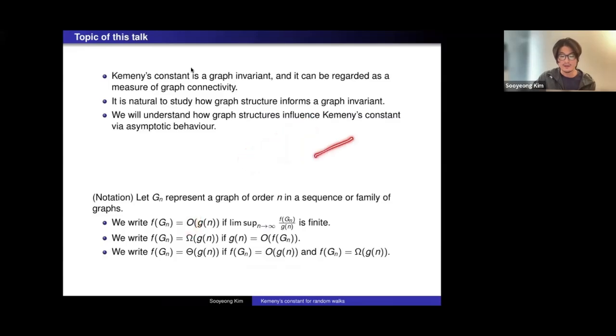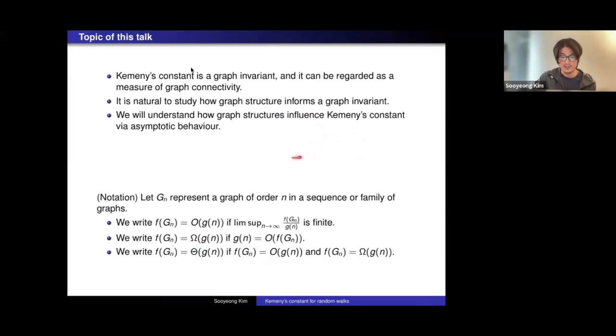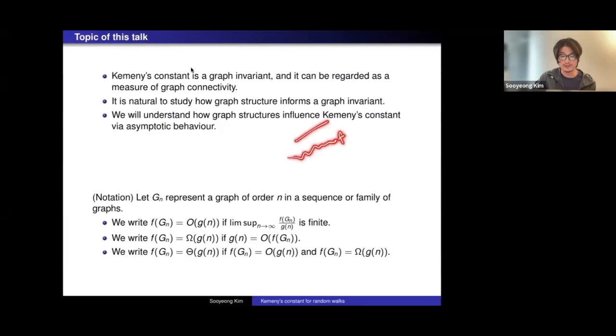If your f is bounded below by function g, then this is big omega notation. And if your function f is between a constant times g and another constant times g, then we are using big theta notation.